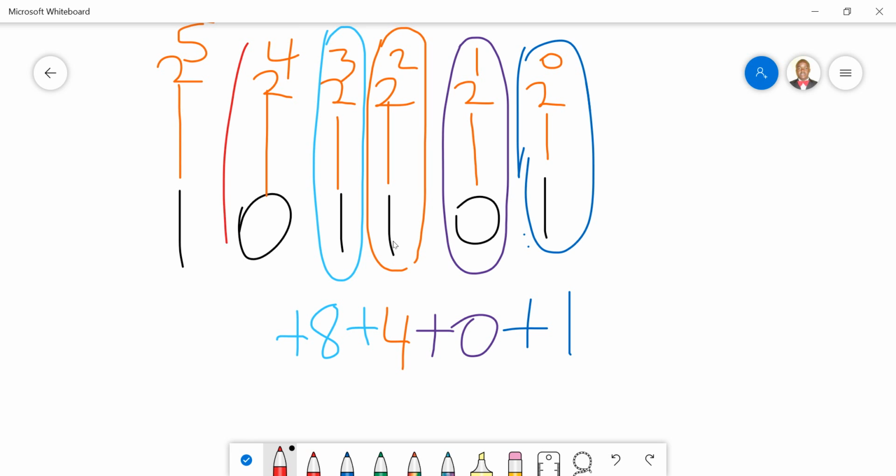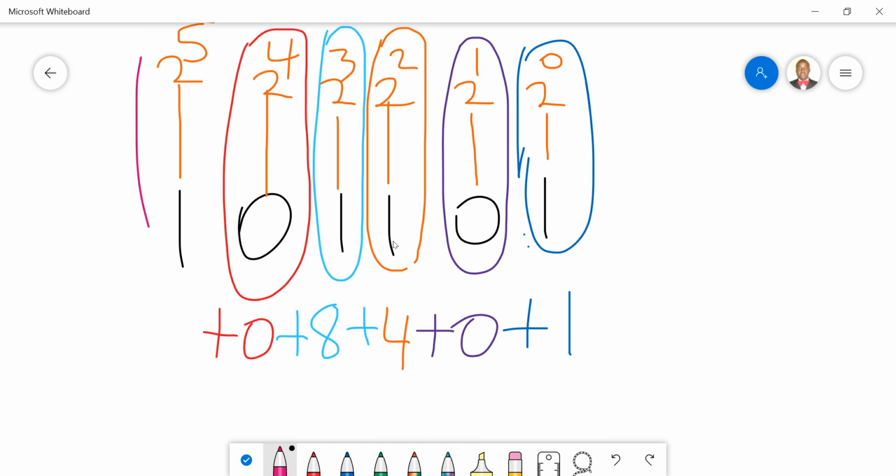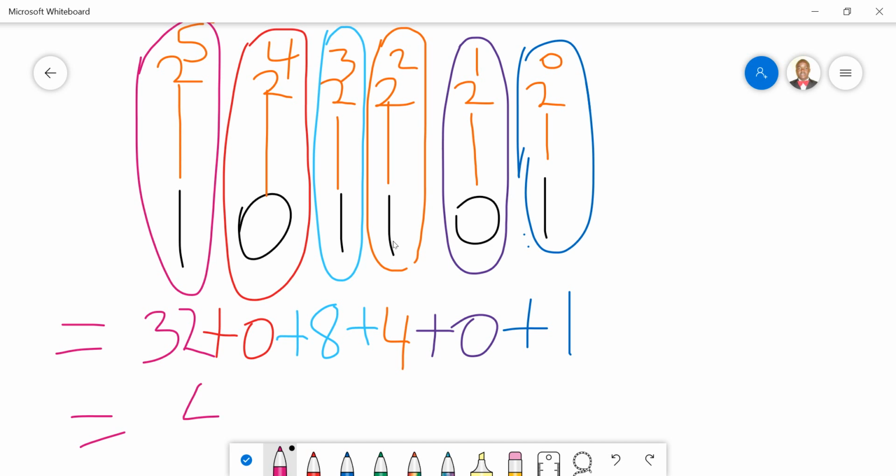In this part, 0 multiplied by 2 to the power 4, any number multiplied by 0 is 0. Plus. The last part is 1 multiplied by 2 to the power 5, which is 32. So if you add all these up, we get 45 of base 10.